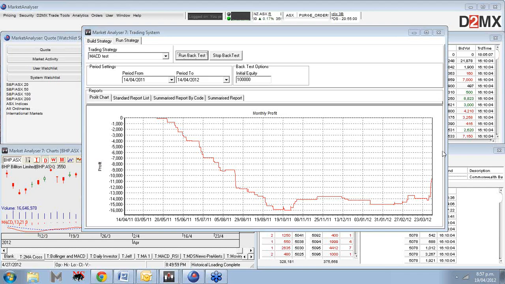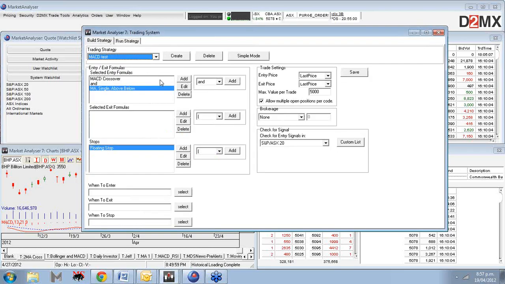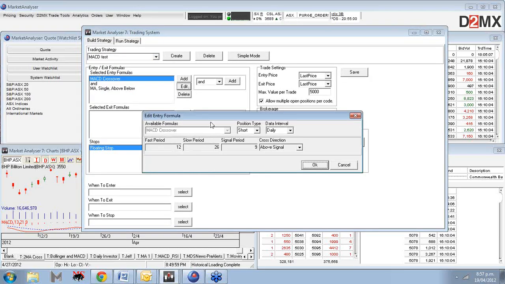So what it will do is cut down the number of trades, but it certainly looks like, and I'll just check the parameters, I was going short when it crossed above the signal line, so that actually makes the strategy worse.